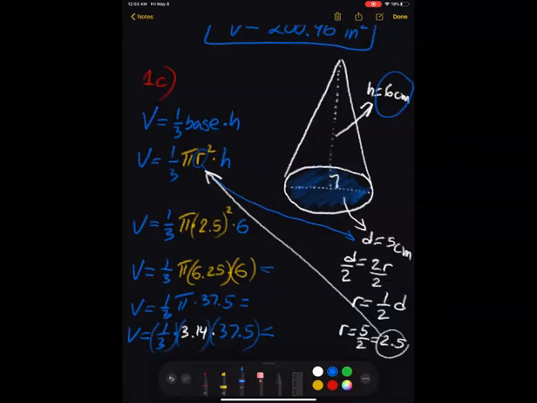So I'm gonna do 3.14, let's do it this way, times 37.5, and then divided by 3, which is times 1/3. So our answer is 39.25 centimeters cubed. That is our volume for this cone up here.